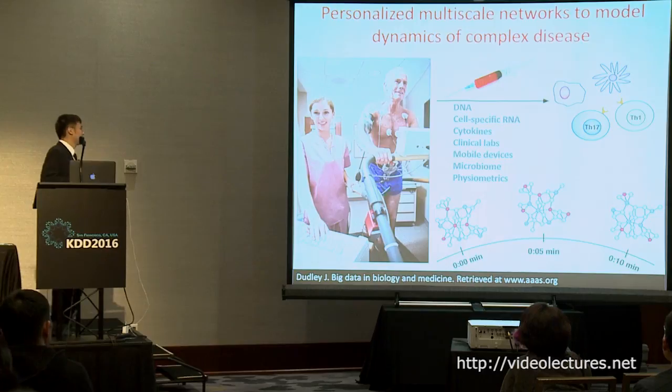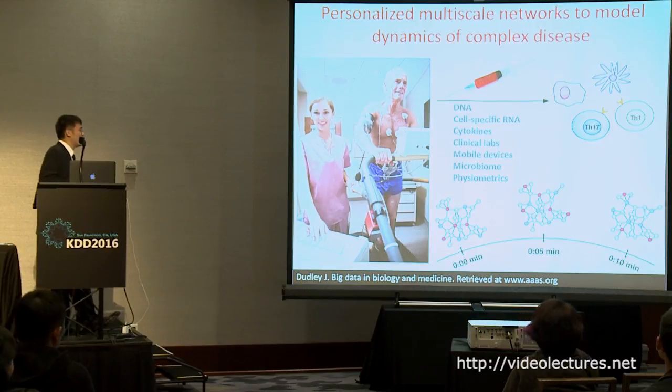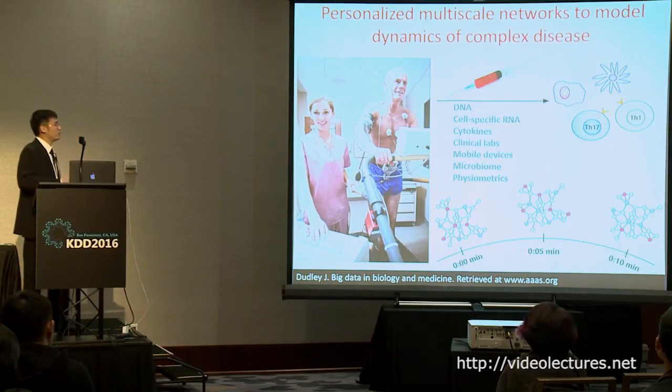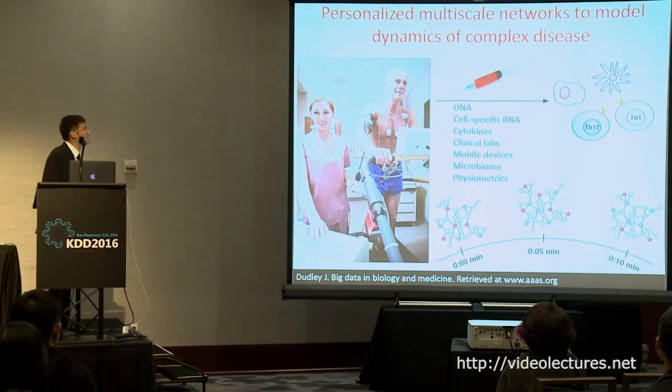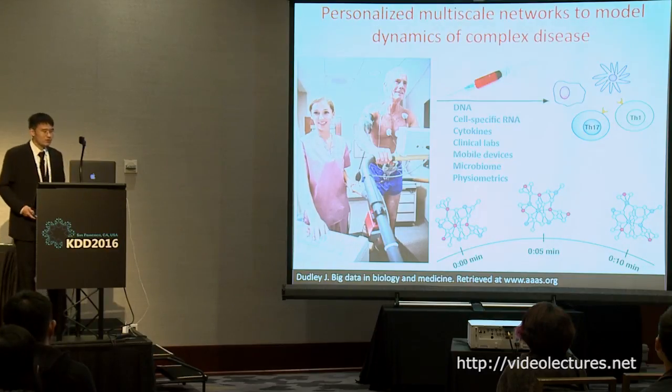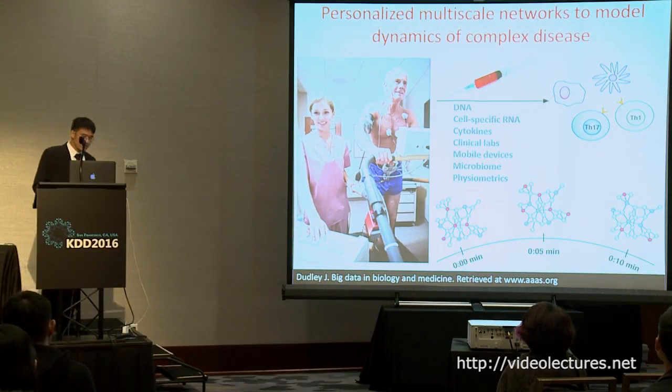They have a lot of wearable devices, diagnoses, clinical lab tests and mobile devices, and also a lot of networks, right? And it's over time, but it's also related to each patient. So how to build a personalized multi-scale network to model the dynamics of complex disease can also be a challenge. So this is the third challenge.